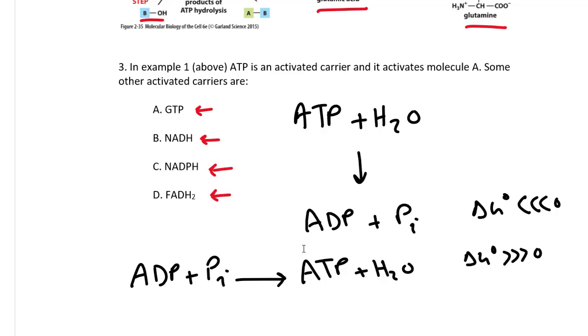So the process of making ATP from ADP is tied to breaking down carbohydrates in the foods we eat. GTP is made in that process also, and NADH is produced in that process also.